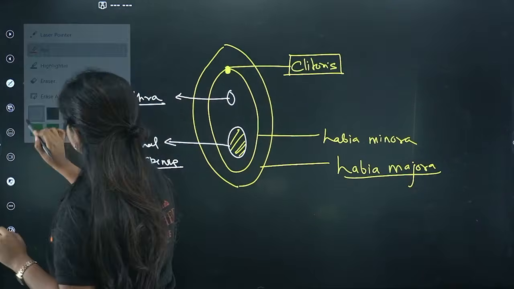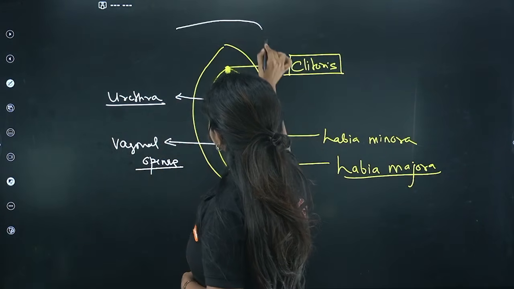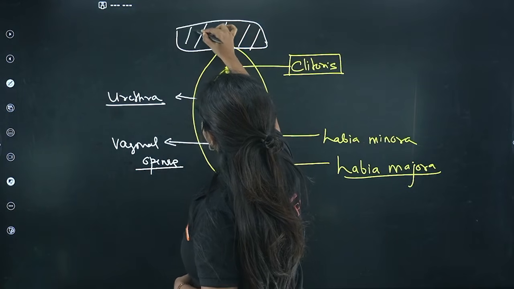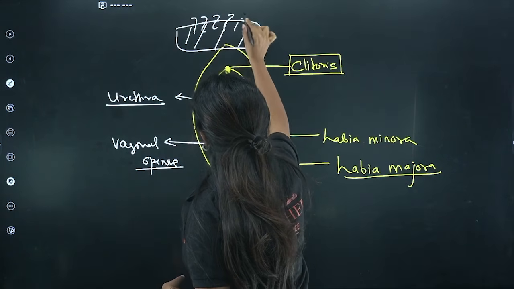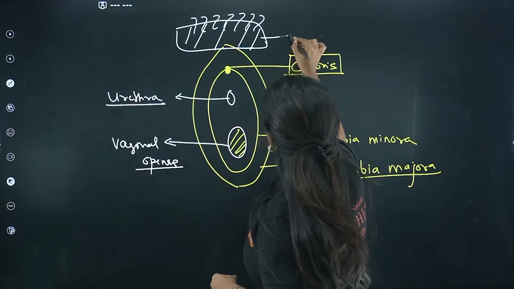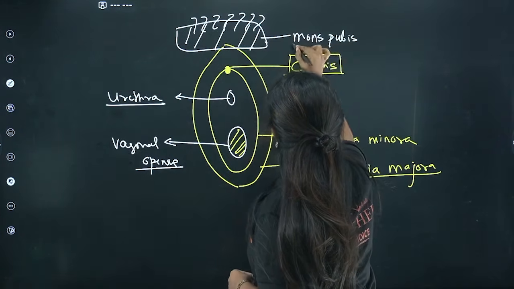Apart from that, in the case of females, my dear children, at the top you will have a fatty cushiony layer on which you will have hair, the pubic hair. This fatty cushiony layer is known as the mons pubis.